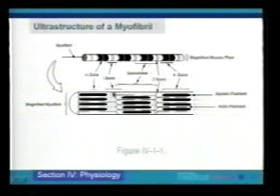Now, if we go to the I band of a sarcomere, the I band represents that part of the thin filament in which there is no overlap with the thick filament. So the I band represents only part of the thin filament. It is that part in which there is no overlap with the thick filament.